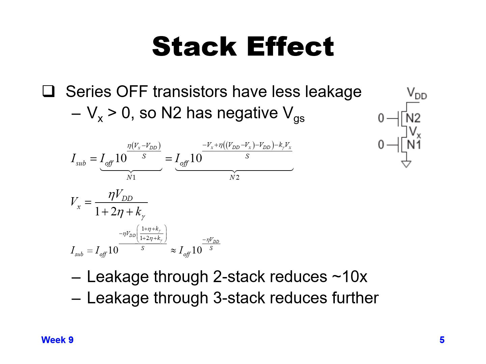So as a rule of thumb, if you have a stack of 2, you can get your leakage reducing by about a factor of 10. And if you do a stack of 3, it can reduce even further. I'm not going to go through the derivations for a stack of 3 or 4.